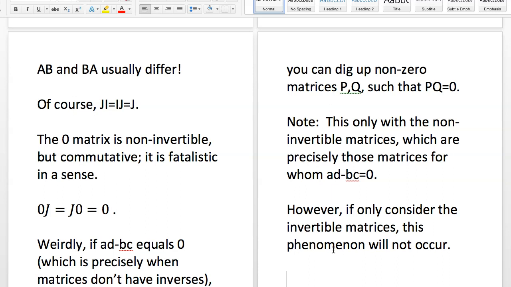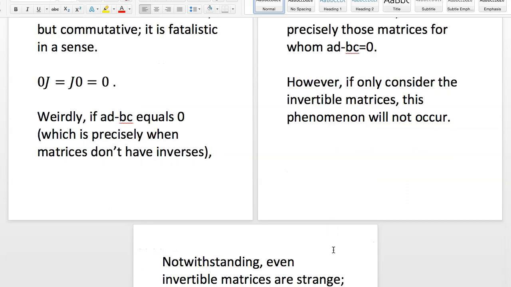They won't allow that kind of stuff to happen. Now, notwithstanding, even invertible matrices are strange. They are usually non-commutative.